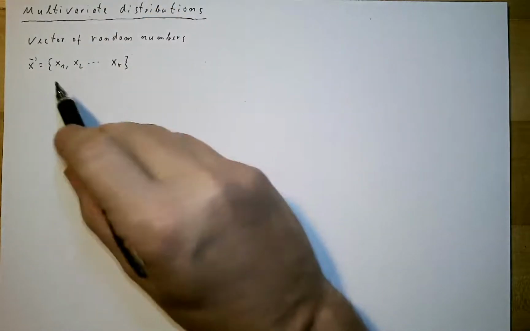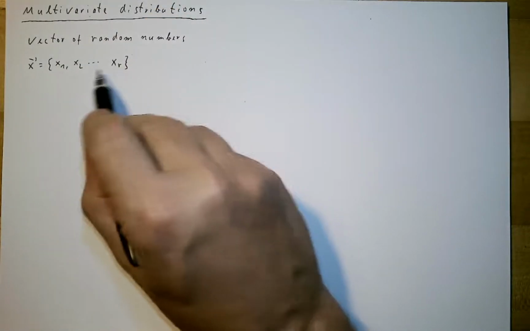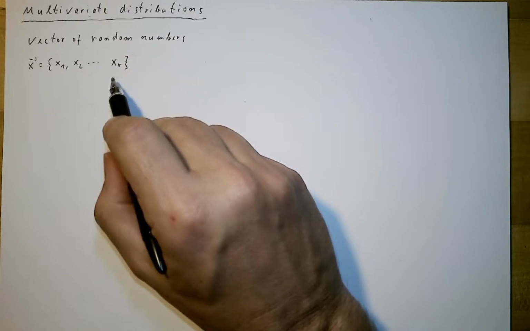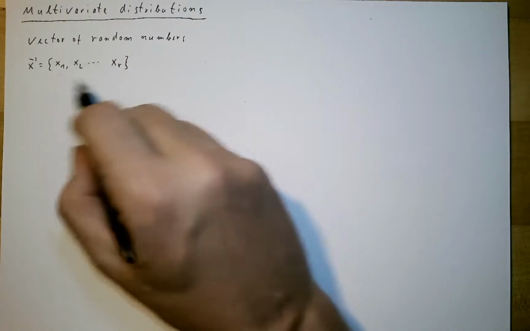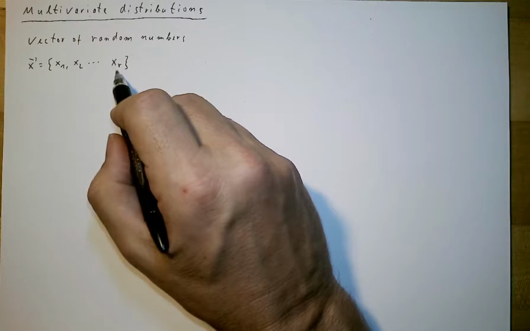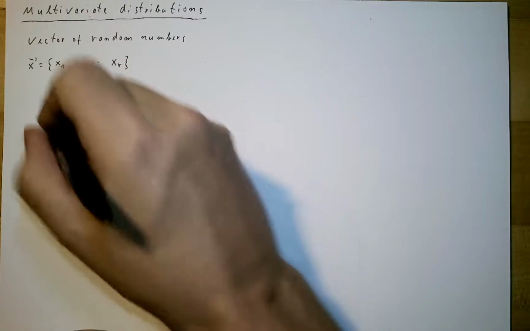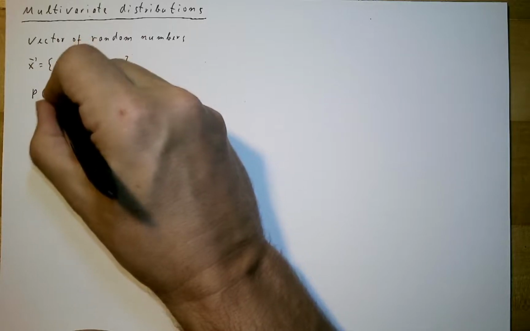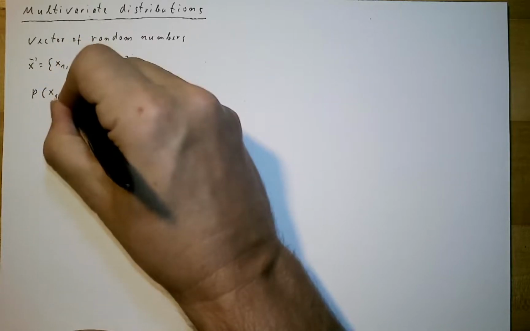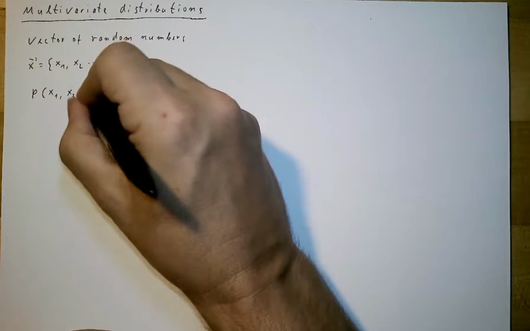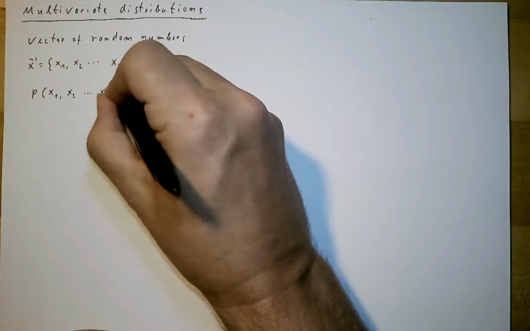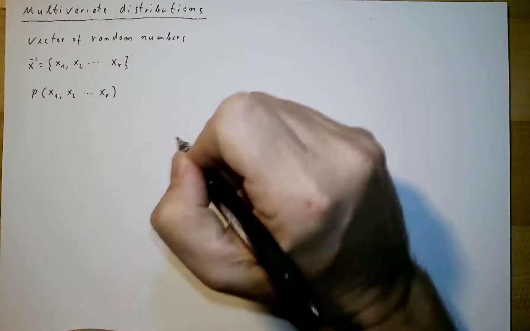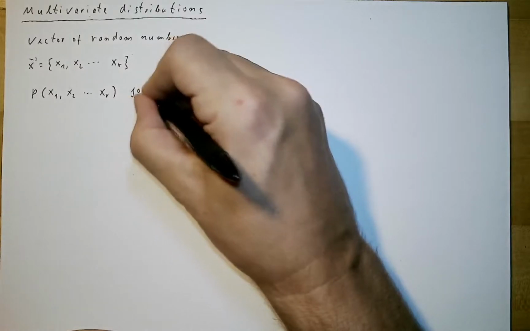When we have r random numbers, we can associate a probability with them, the probability that the first number is x1, the second number is x2, and so on until xr. This we call the joint probability distribution.